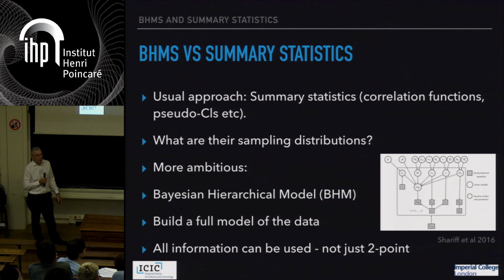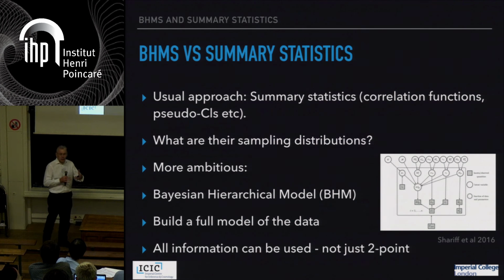But there's a more fundamental question, which is really, are these quantities that we deal with Gaussian distributed? You may be working with thousands and thousands of summary statistics, and to assume that the joint distribution of all of those things is Gaussian is a fairly large step to take.